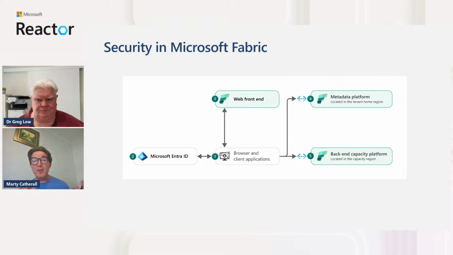We can use typically a service principal. That would be probably the best practice to use. The web front end will receive the request, facilitate the sign-in, and route that request to the front end content of the user. And then we've got the metadata platform. That stores the tenant metadata.